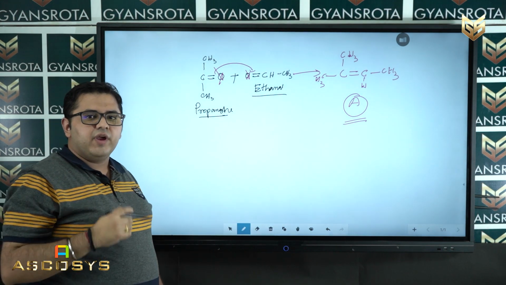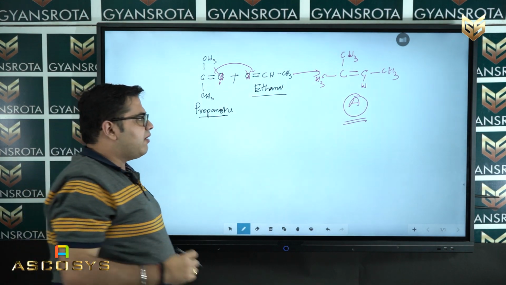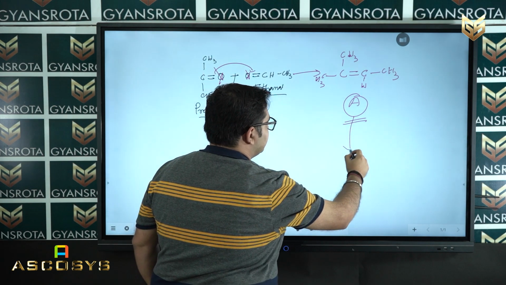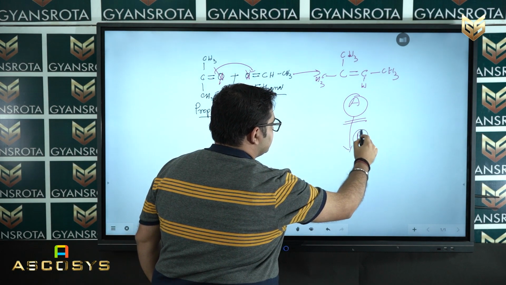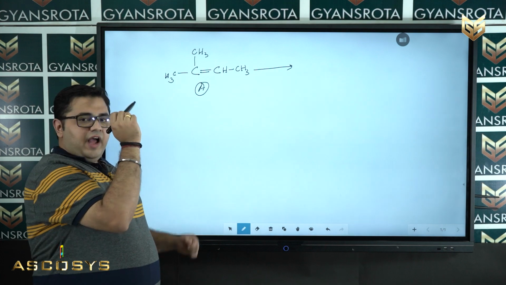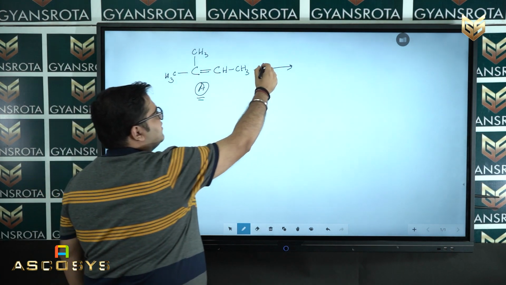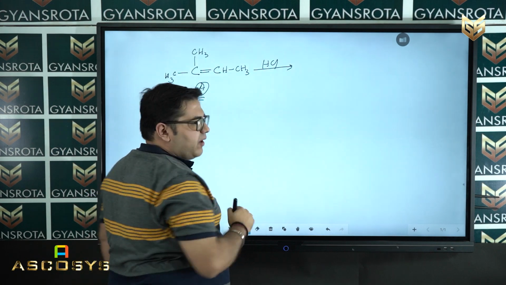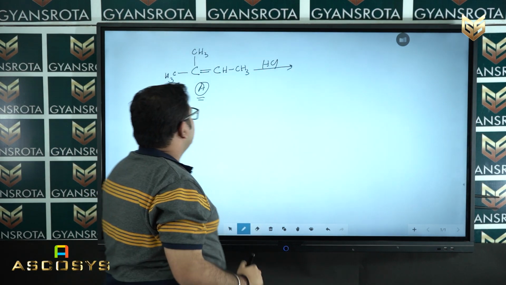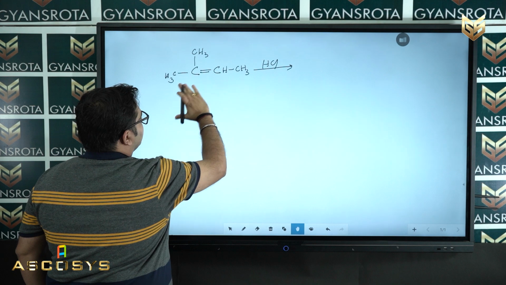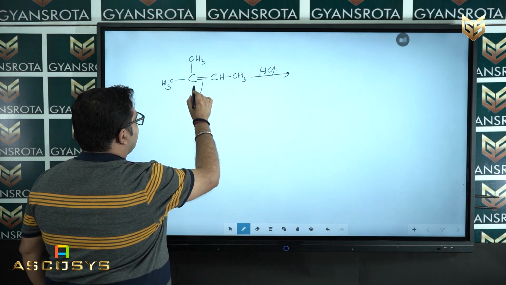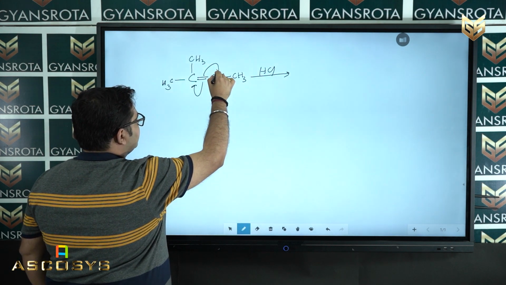From this A we are going to find out our product B. So, as we saw earlier, this is our A. Now, when this A reacts with HCl, what are we going to obtain? Now, see, this bond can break on this side or this side.